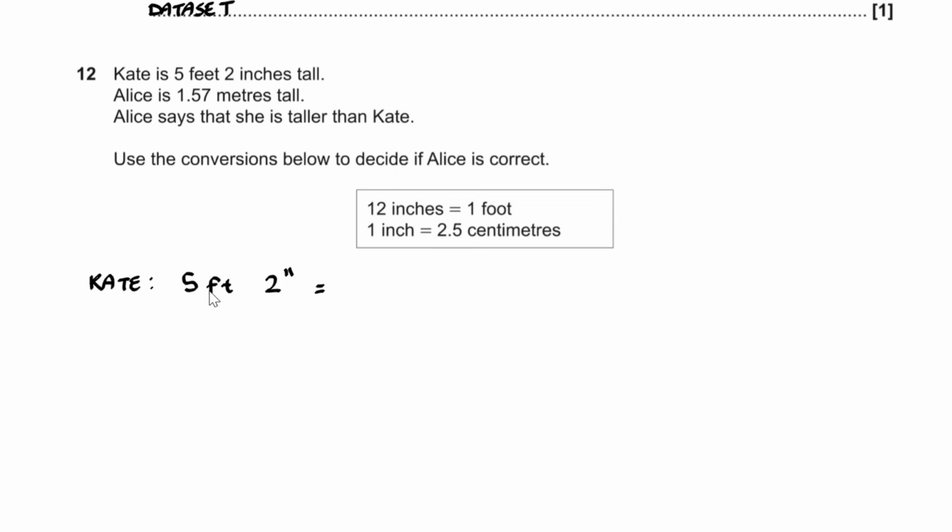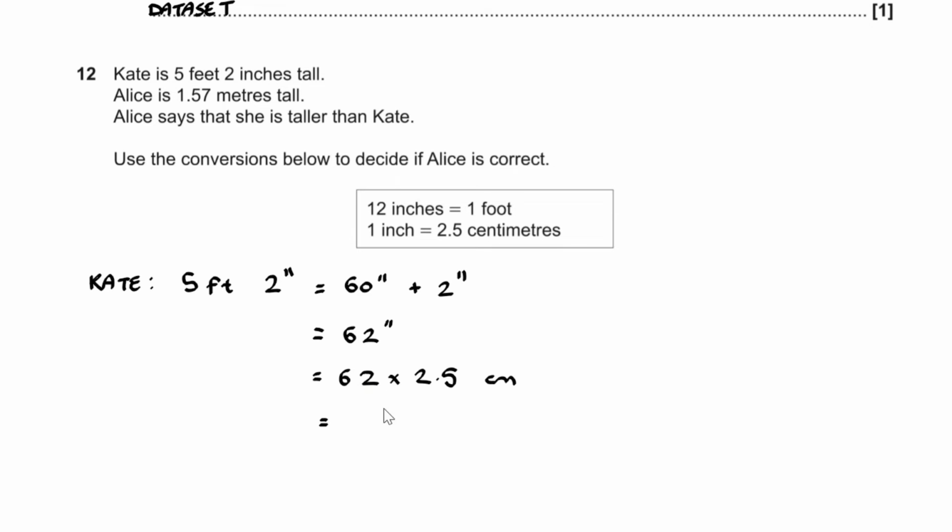So 5 foot, well, we know that 1 foot is the same as 12 inches, so therefore 5 foot will be equal to 12 times by 5, which is 60 inches. So we've got 60 inches plus 2 inches. So this is equal to 62 inches. And if we convert the 62 inches to centimeters, well, we'd have 62 times by 2.5 centimeters.